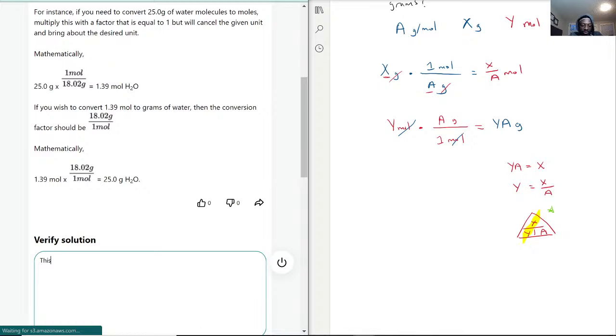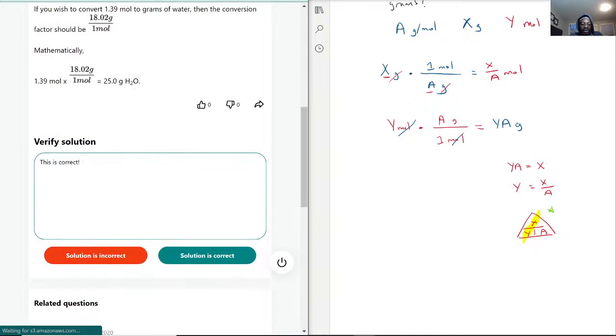So this is correct. The point to emphasize is that when you convert back without making any changes to the grams and the moles, you should end up with the same values. You will not see any loss of product when you keep converting back and forth.